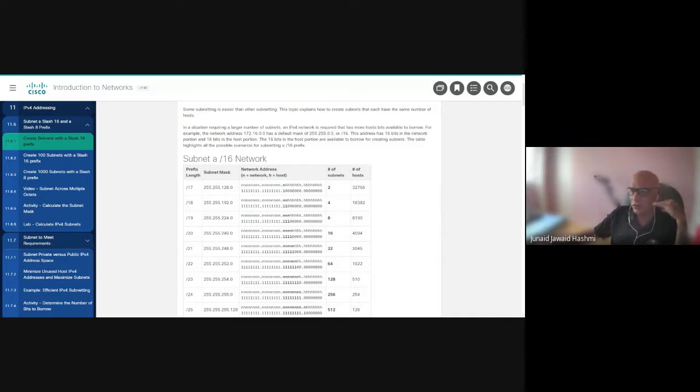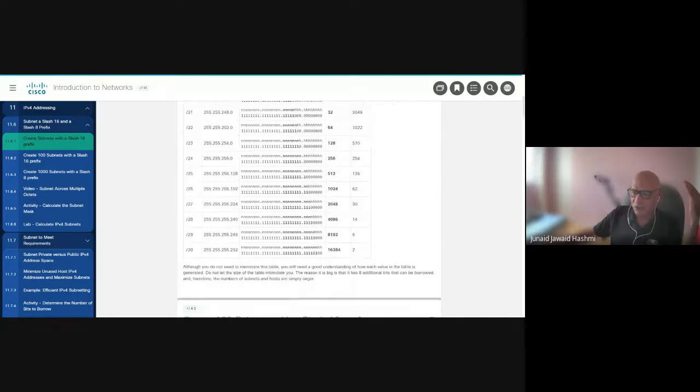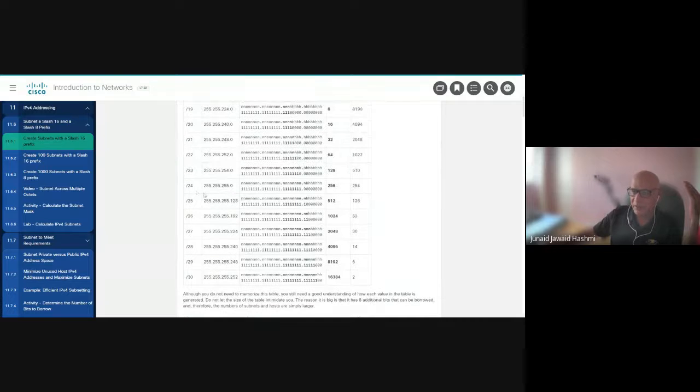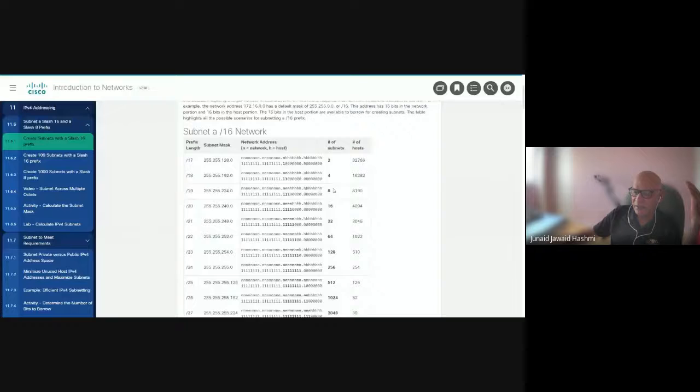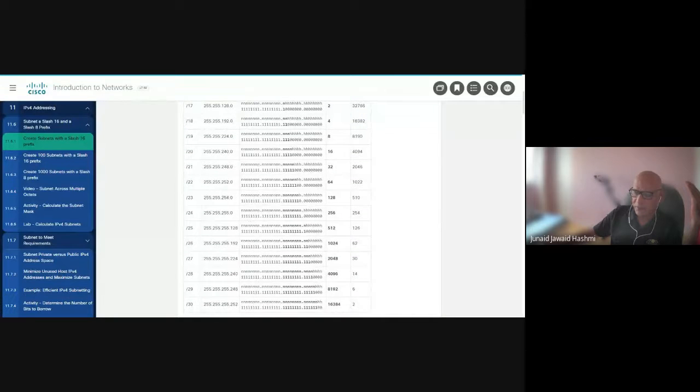So in the real world, you don't borrow just one bit from the host ID. Actually, what you do is you borrow the whole octet. This is more common, like this 24. So you borrow the whole octet, 8 bits, that gives you 256 networks, right? And with 254 hosts in each network.